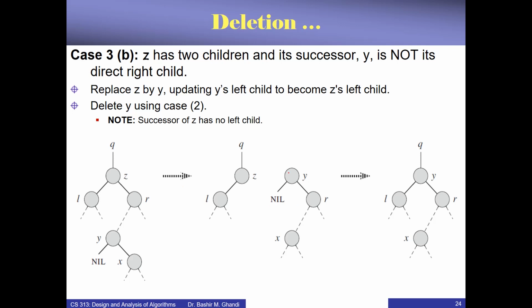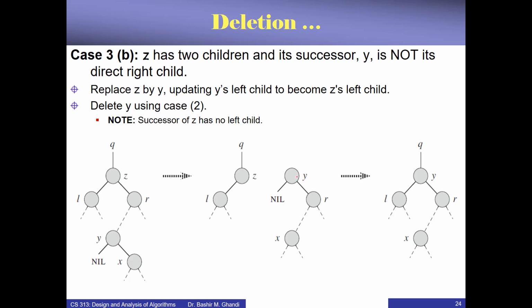Right, so these are basically the steps. First, we replace Z with Y, and then delete the Y. So when we delete the Y, X will be promoted up to here.